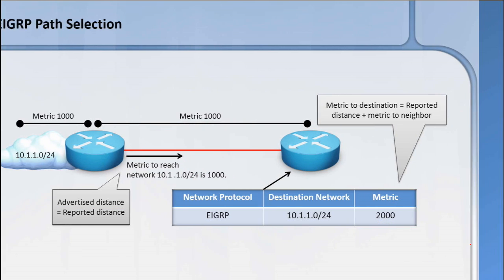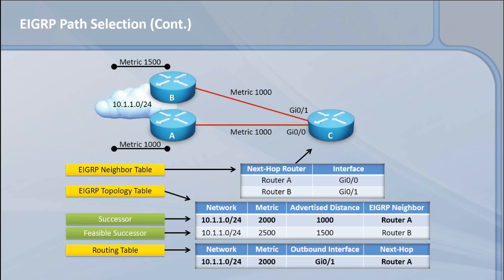So the way that this works is we get advertised a distance, and then we have to consider what does it cost us to get to that neighbor. We add that, and then this gives us our metric. And then we compare our two different paths, and we go, okay, well, here's the 1011 network on the left. I can go this way, which is reporting a cost of $1,500, or I could go this way, which is cost of $1,000.